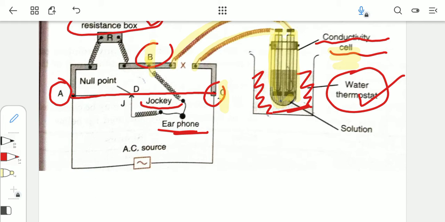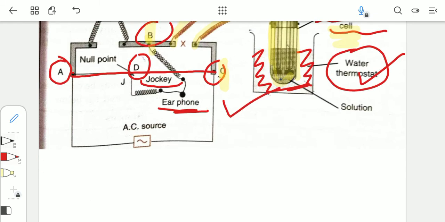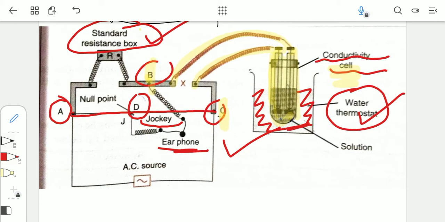In this diagram we have supposed that D is our null point. We know that at the null point we have derived one equation, and that is the equation we are going to use here to find the resistance of this arm.